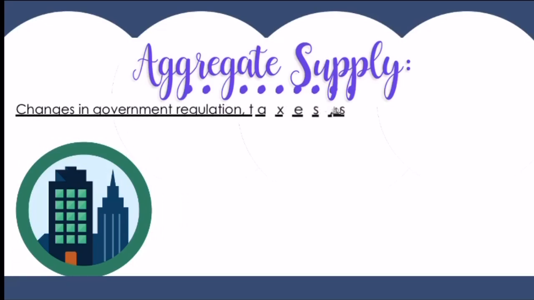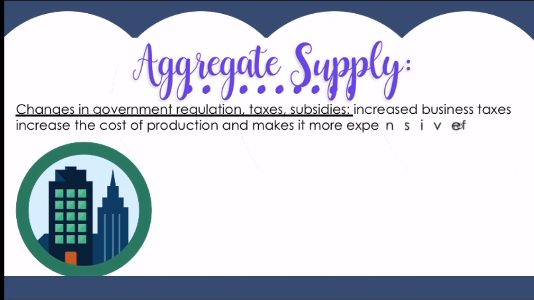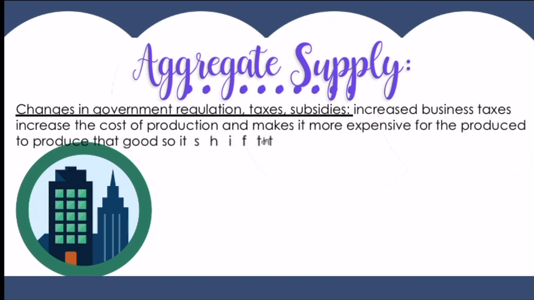Changes in government regulation, taxes, and subsidies. Increased business taxes increase the cost of production, and make it more expensive for the producer to produce that good, so it shifts the AS curve to the left. Decreased business taxes make it less expensive for the producer to produce that good, so it shifts the AS curve to the right.